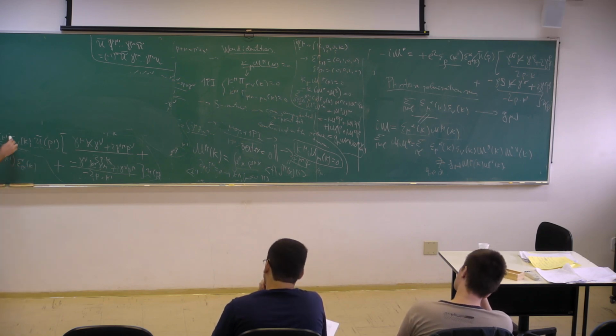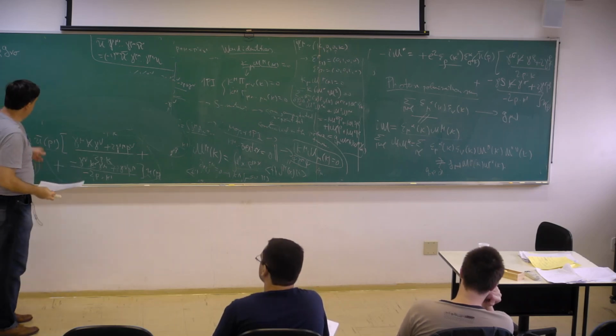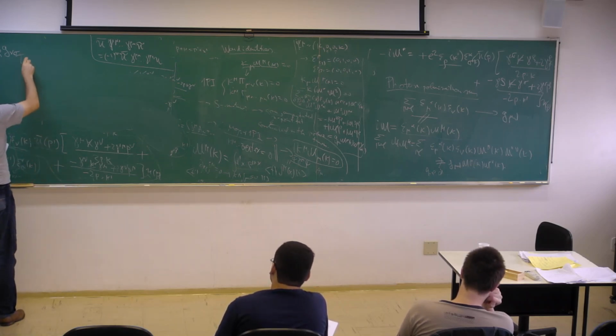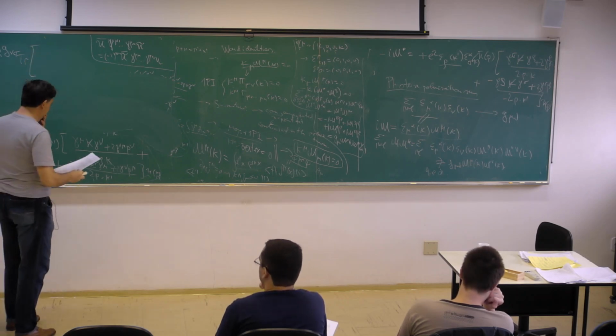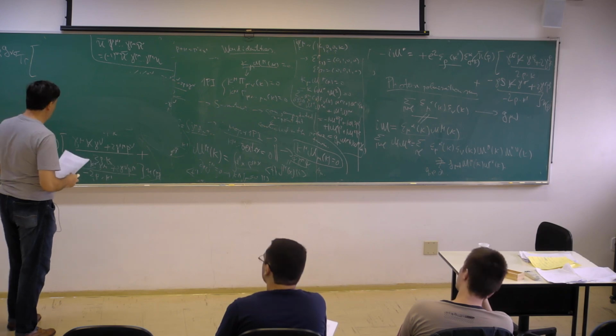Right, so this then is replaced by g mu rho, and this is replaced by g mu sigma. Okay, so g mu rho, g mu sigma. And then in here we'll get the usual trace.